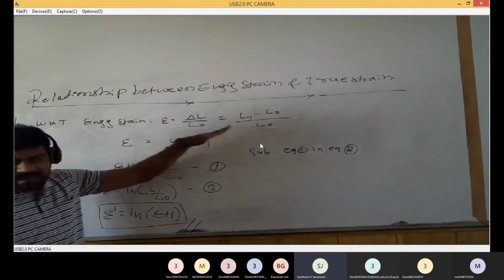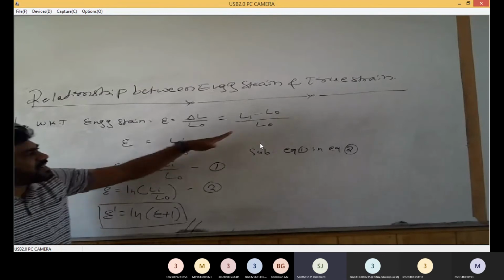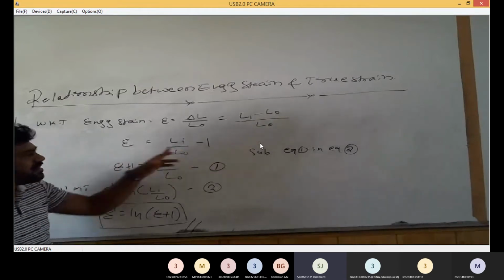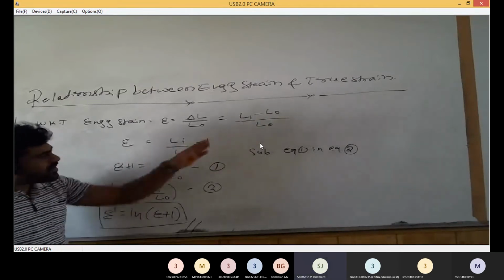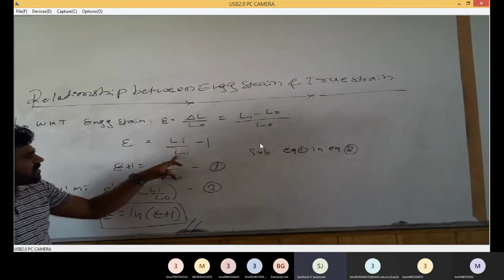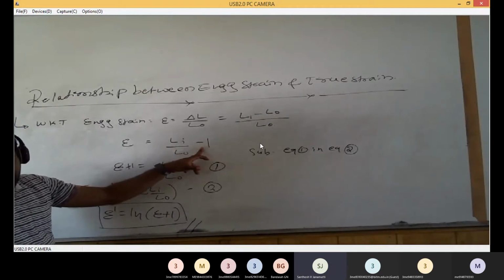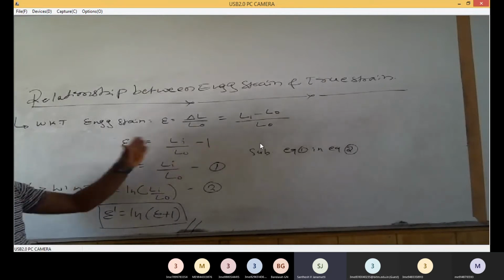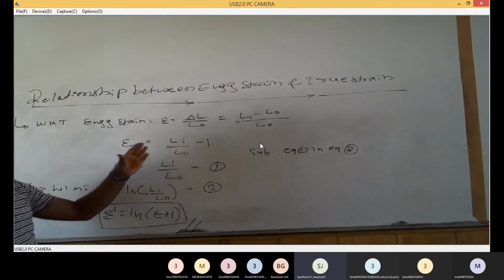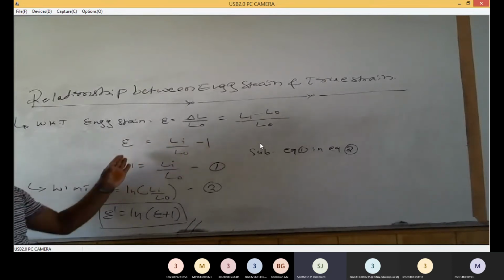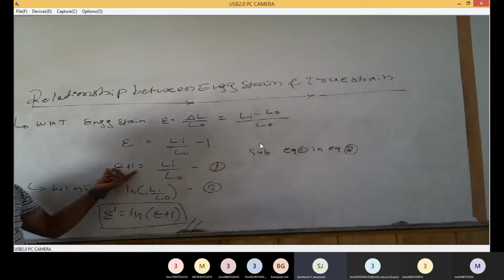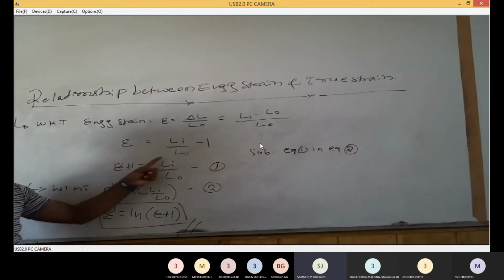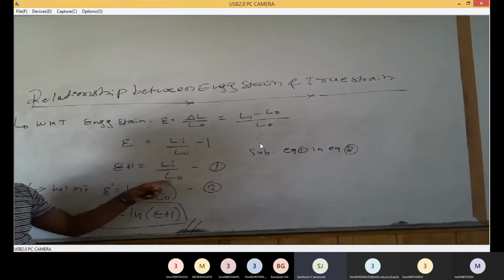Next, I push this minus 1 from the left to the right side, and the negative sign becomes positive. Now epsilon plus 1, or strain plus 1, is equal to Li by L naught.